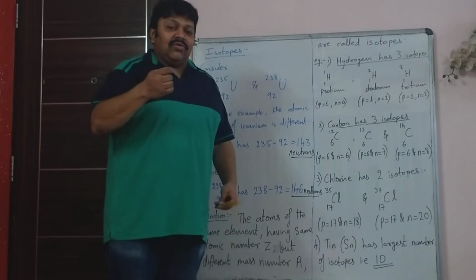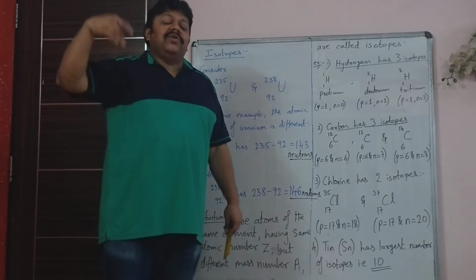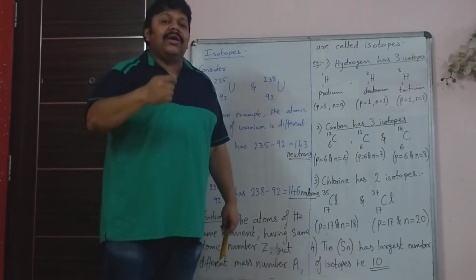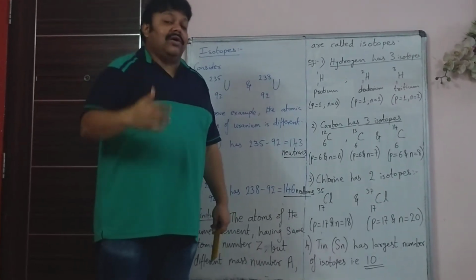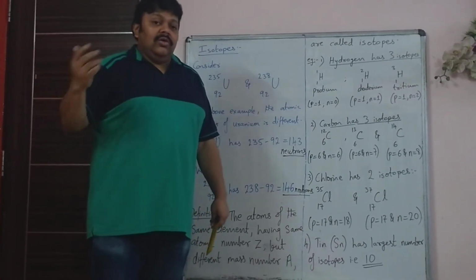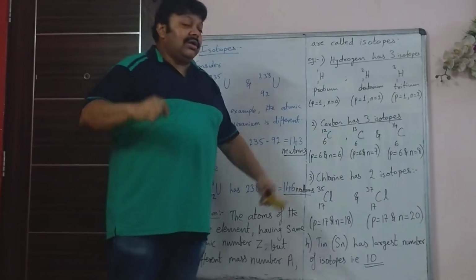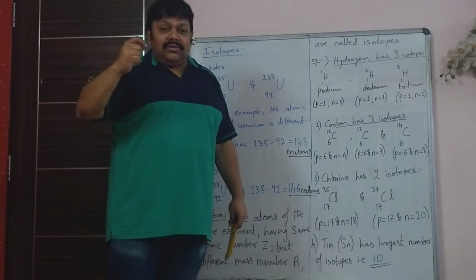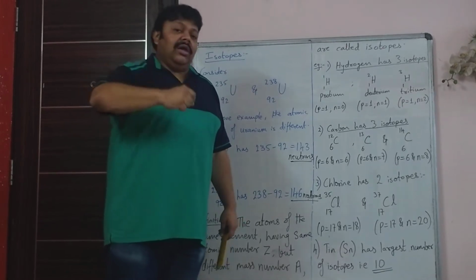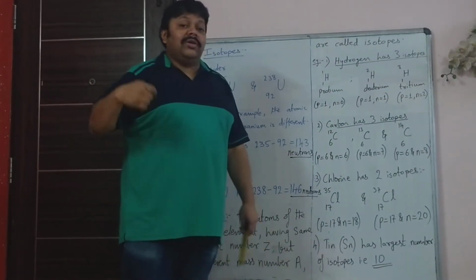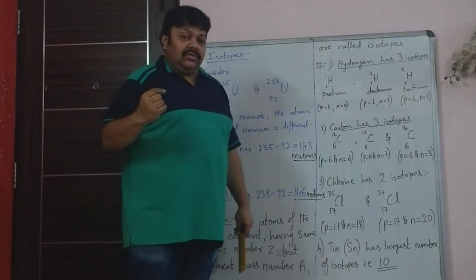It means if there is 1 gram of carbon-14 in a plant or animal which has just died, after 5,600 years the quantity will be half a gram. After another 5,600 years the quantity will become half of half, so 1/4 gram. So over a great duration of time, the amount of carbon-14 present in that fossil will go on decreasing. By calculating how much carbon-14 is present in the dead fossil, you can predict how old the fossil is.